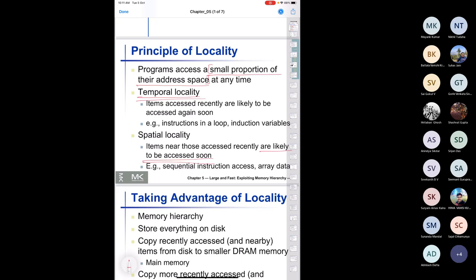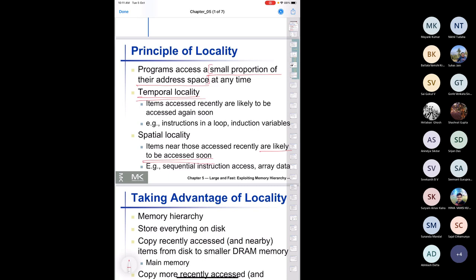So if you have brought a certain portion of the program, or some amount of data which the program is working on, into memory, the chances are that many of the items you have brought into memory will be accessed. For example, in an array, if you access the first element, and I am talking in terms of data, suppose you are performing array processing.